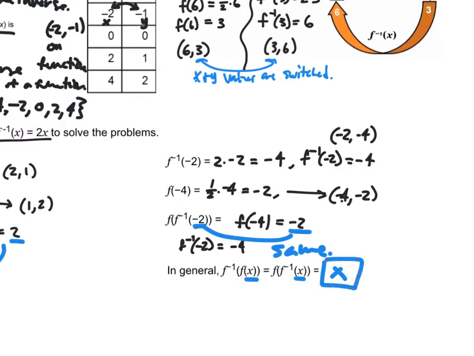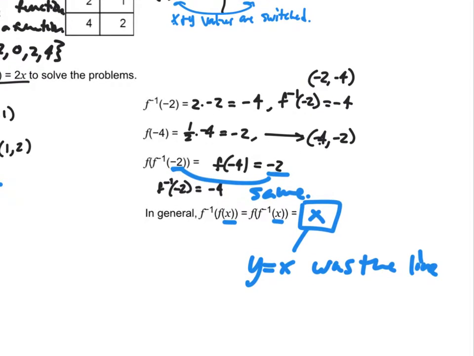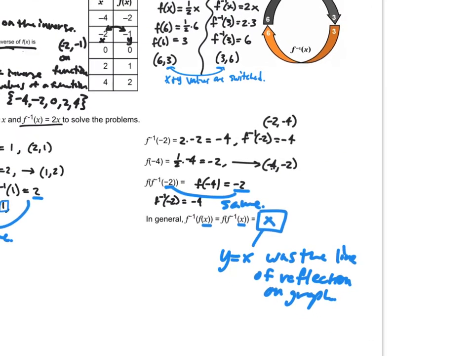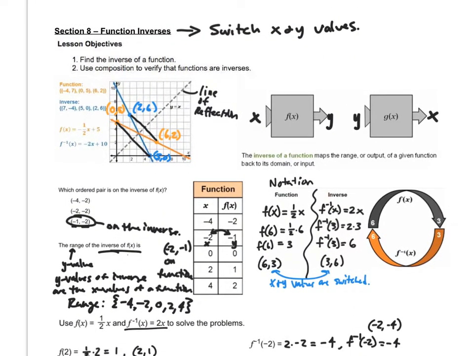Now remember, the line y equals x was the line of reflection on the graph. And that's the whole idea of an inverse, is that when you have an inverse, it's reflected over the line y equals x.